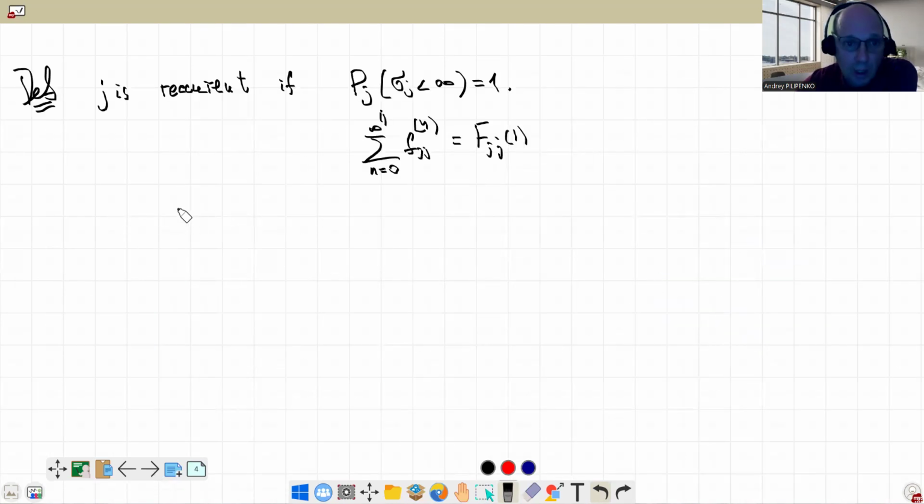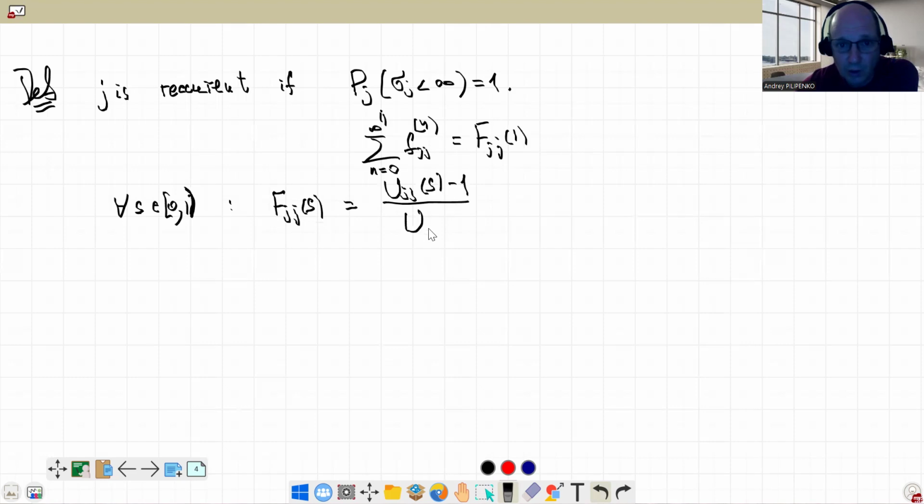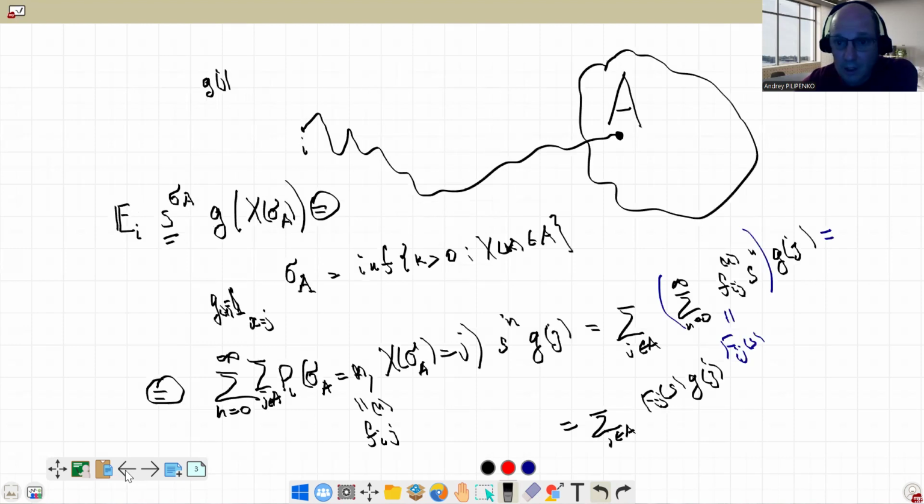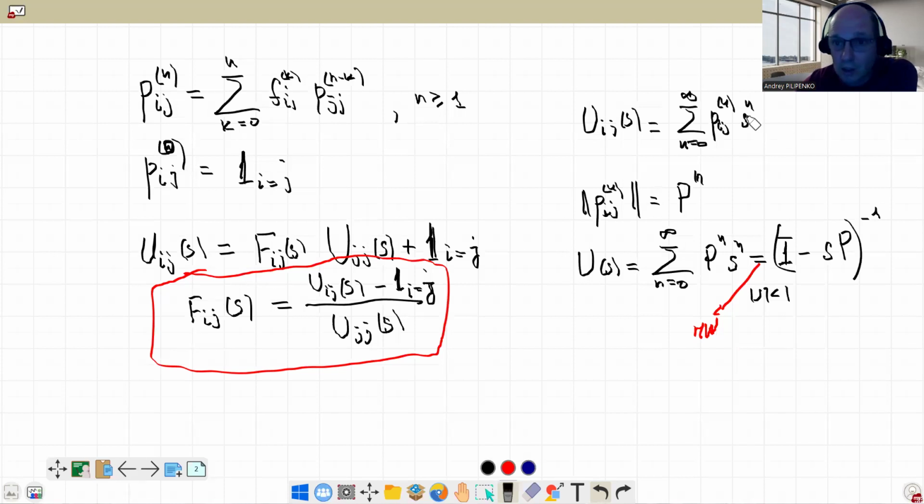So for every s in 0, 1, 1 is not included, we know that fjj of s is equal to the ratio ujj of s minus 1 over ujj of s. However, this series is a series of non-negative numbers, and the same is for s.